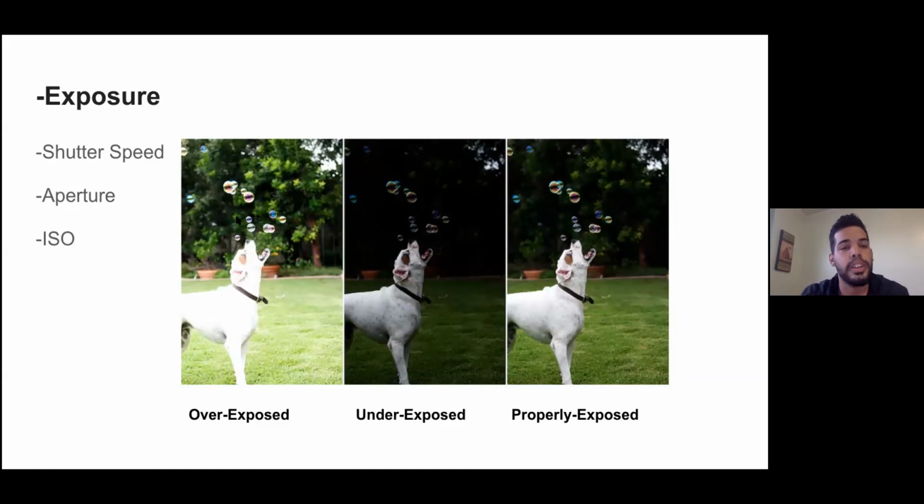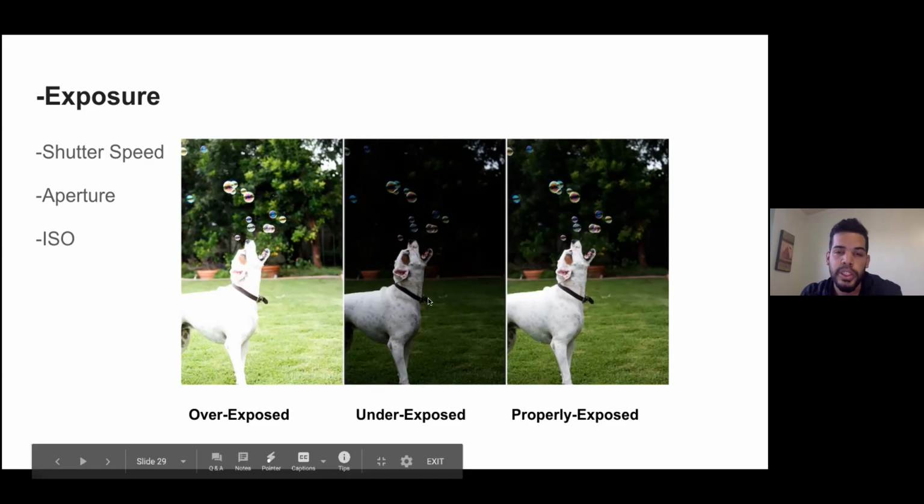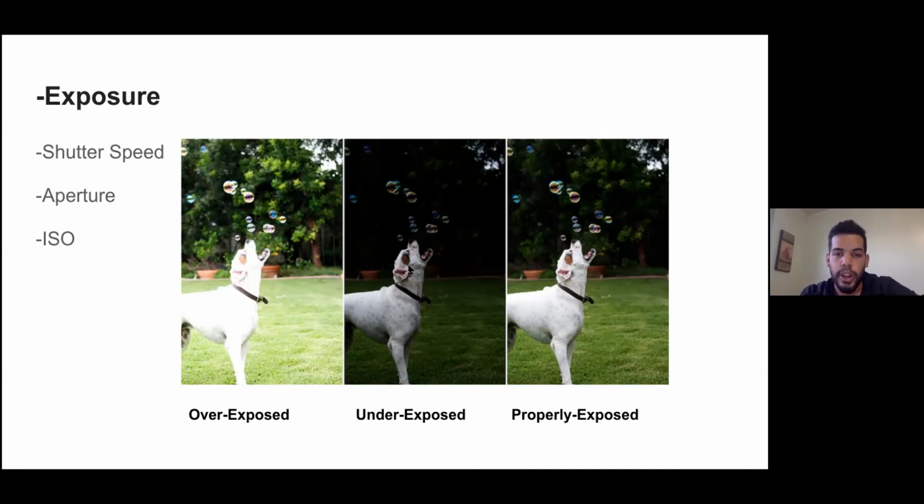Here I have 3 examples of different kinds of pictures. The far left picture is what we call an overexposed picture. As you can see, the dog is very bright. Although most of the things in the background are in good lighting, the dog is very bright. And if we move to the one in the middle, then it's too dark.